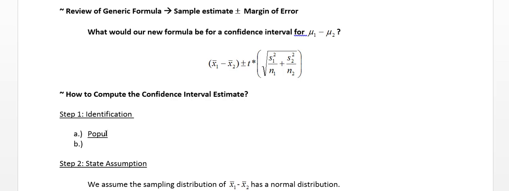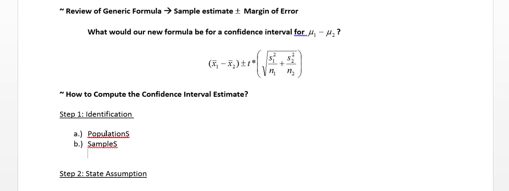Then identification, step 1, is the same as it's been in the past, but here we'll identify the populations, so there will be 2, and we'll identify the samples, so again there will be 2. And in defining our parameter, here our parameter is mu1 minus mu2, and so it'll be the same process we've used in the past when identifying a parameter, but here, because we have 2 mu's, we'll have 2 different parameter definitions.